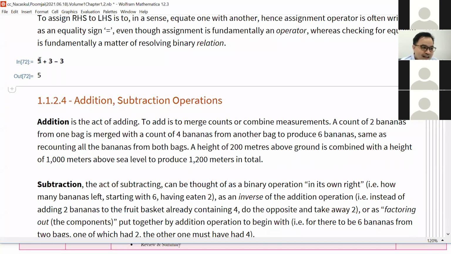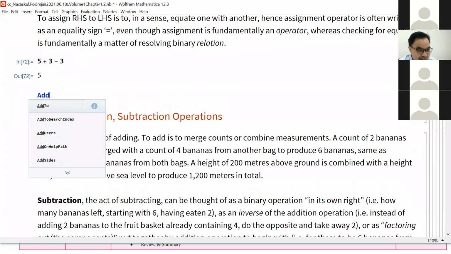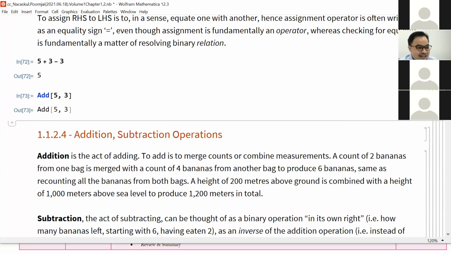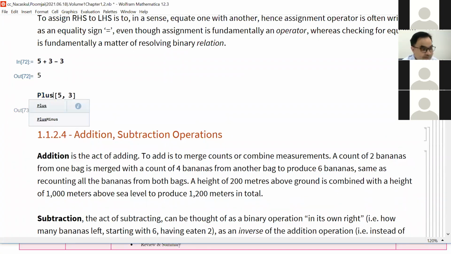So I want you to think of this as an operation. In fact, let me do this. Instead of saying 5 plus 3, which is how we write it, I'm going to say add 5 and 3, just to emphasize this is what we want. Plus 5 to 3.